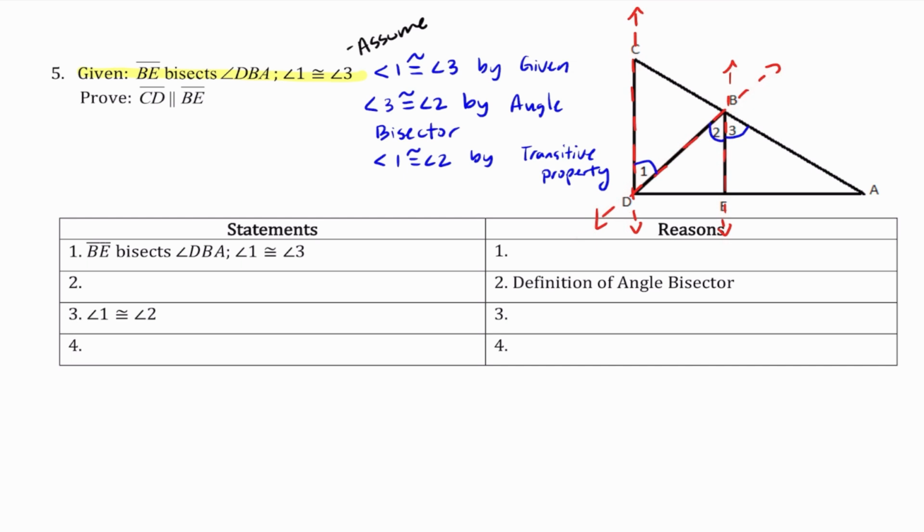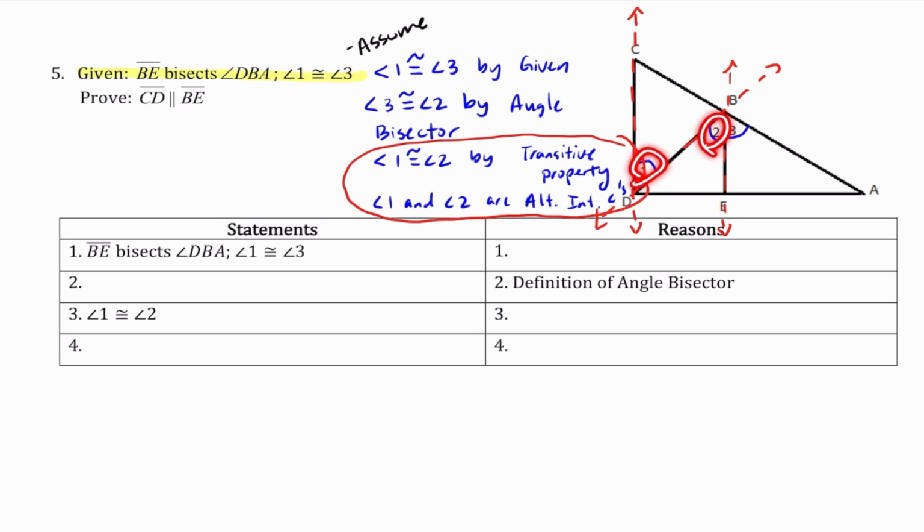So I can say that angle 1 and angle 2 are alternate interior angles. And I'm going to circle this part because these two alternate interior angles are congruent.